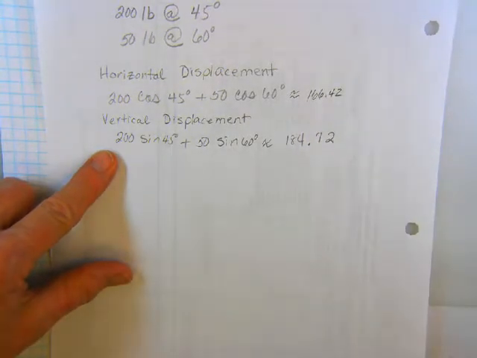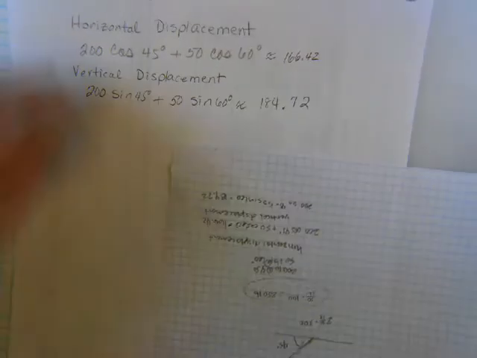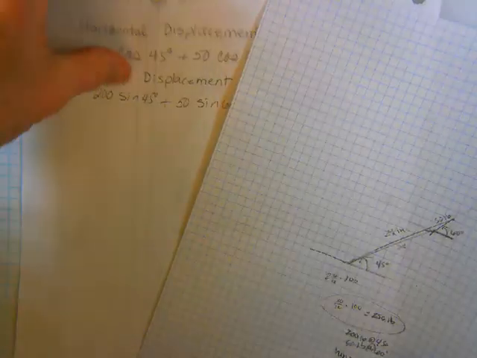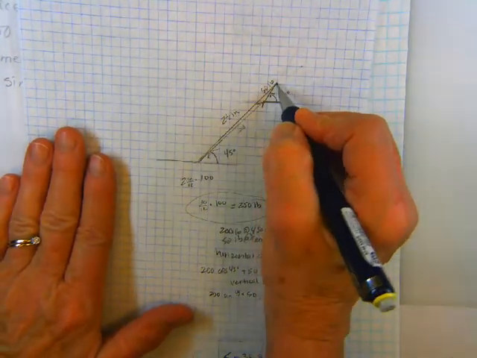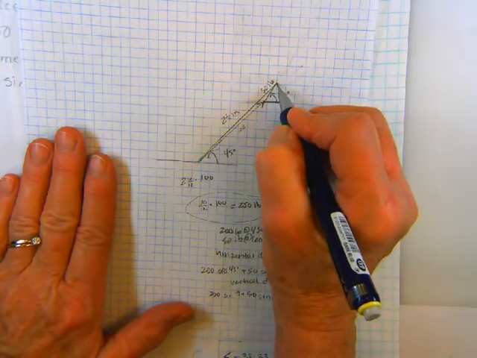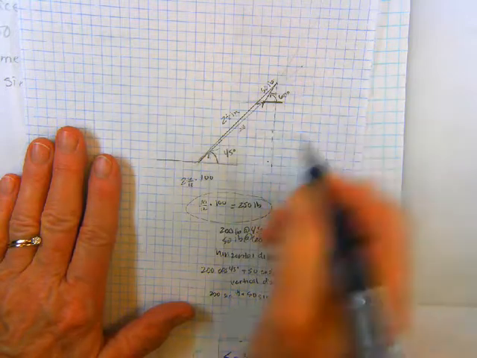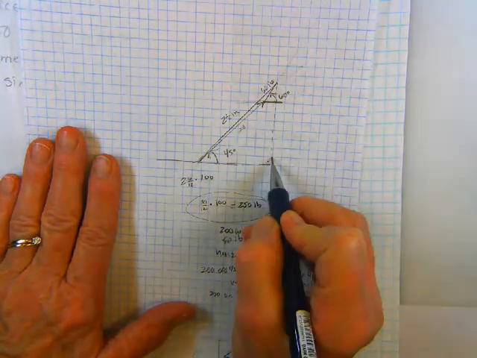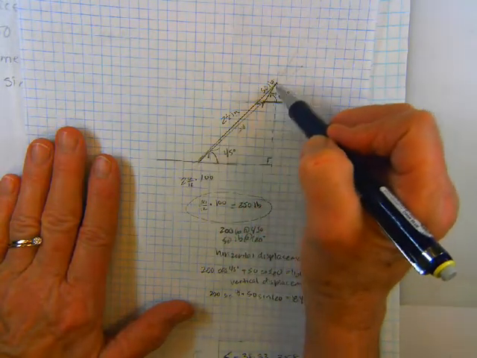Let me borrow yours again, Jocelyn, and I'll show you what I'm looking for. What this is saying is basically, if I took this final place she got to and I dropped it down and made a right triangle, this would be the hypotenuse.